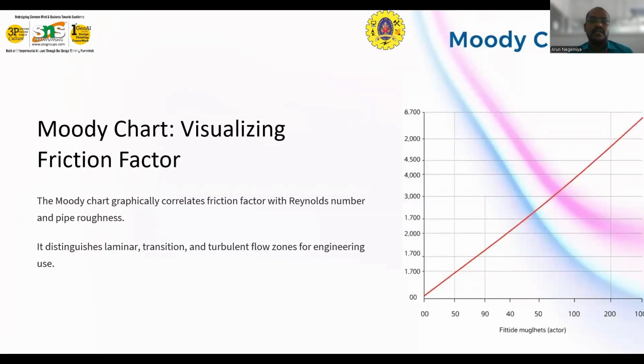One is the Reynolds number in the X direction, and another one is in the Y direction; we are using the friction factor and pipe roughness. The Moody chart is a graph in non-dimensional form that relates the Darcy-Weisbach friction factor fD, the Reynolds number Re D, and the surface roughness for a circular pipe.